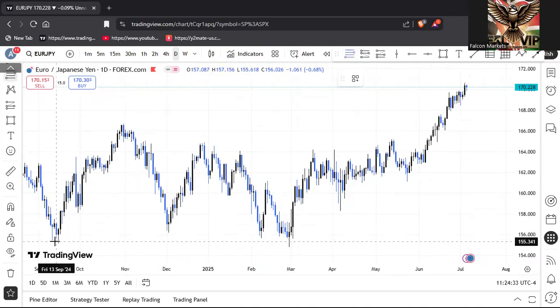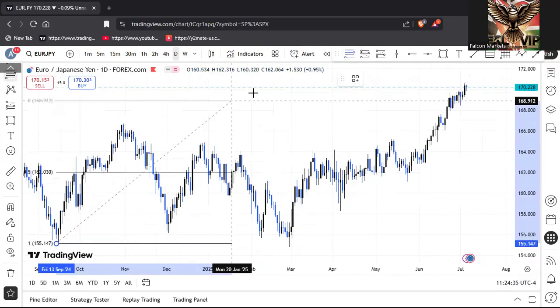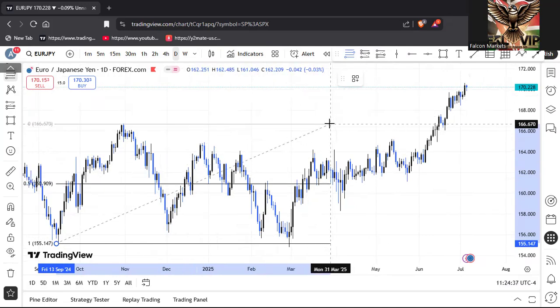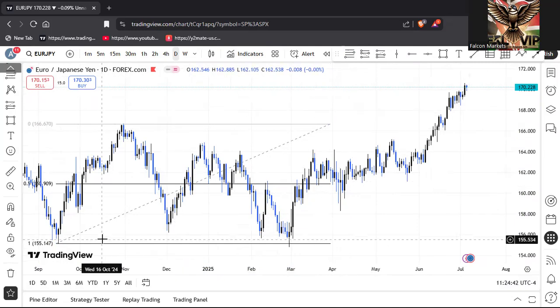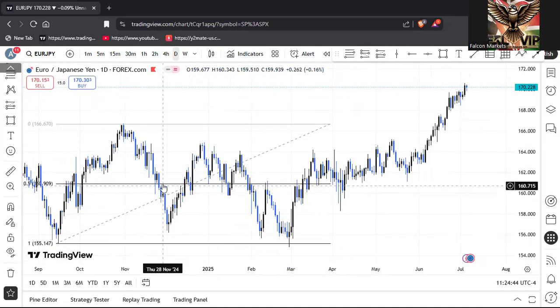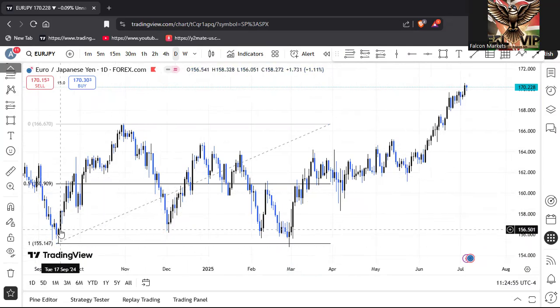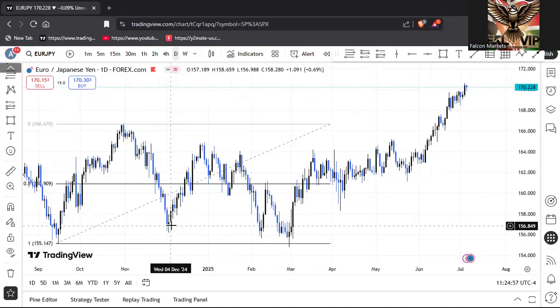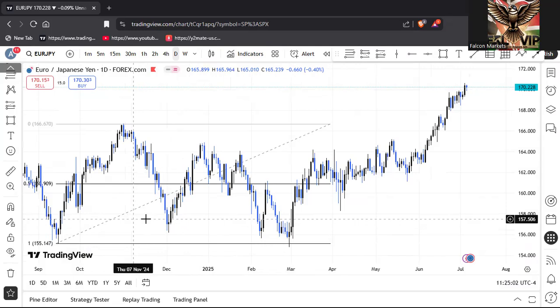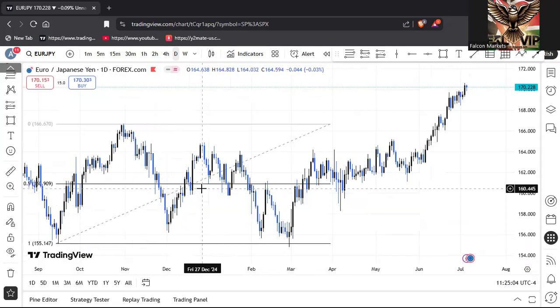So this is our 0, this is the 50% level, which is equilibrium, and this is our premium. The premium of this range is this point. This is what we look for in an uptrend. So this is an uptrend, guys, and we are here to look for buys. We are only interested in buying.